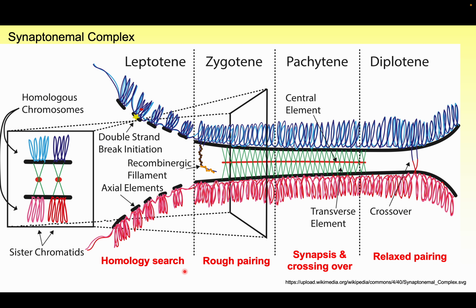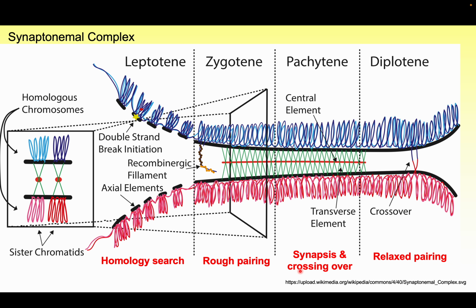Then during zygotene, there is already rough pairing. So you can expect that homologous chromosomes, the complementary parts, have already paired almost completely. And during pachytene, the pachynema stage, synapsis and crossing overs take place.